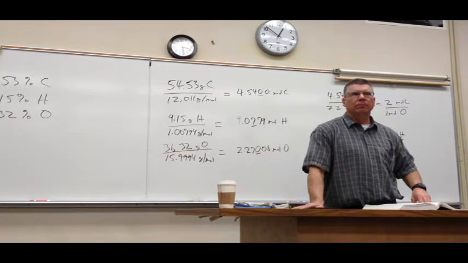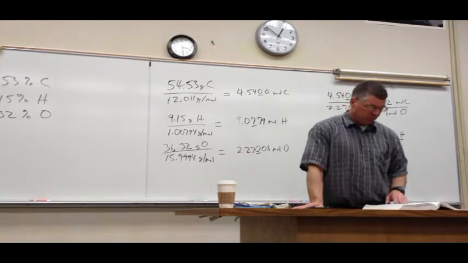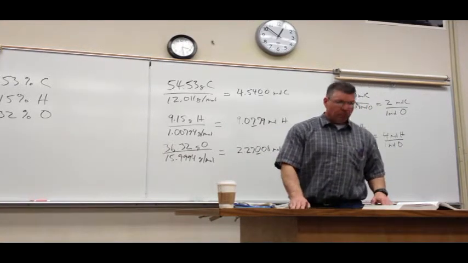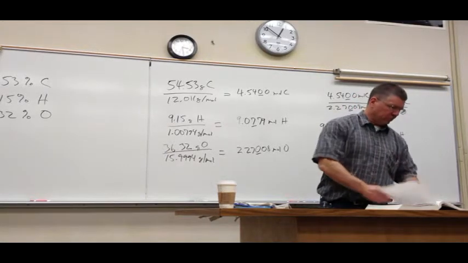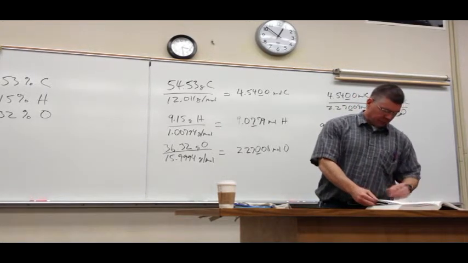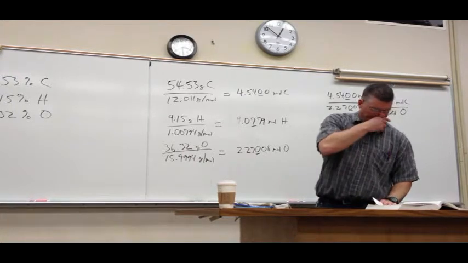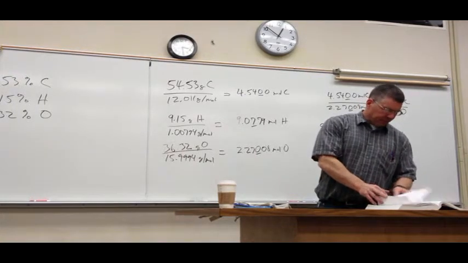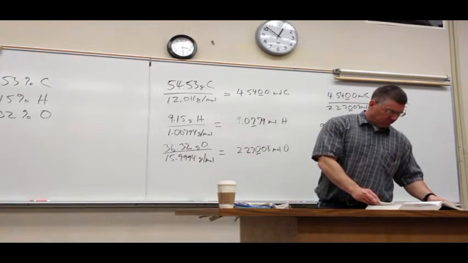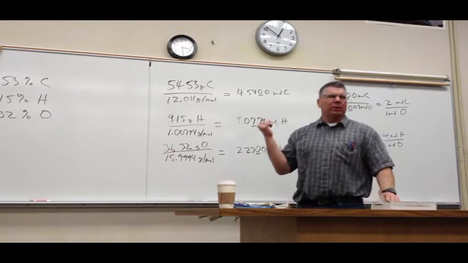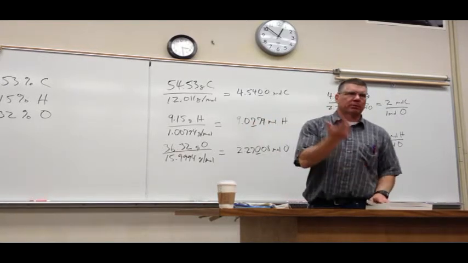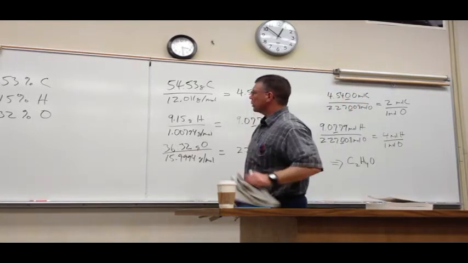An example finding the limiting reactant. It's on 245, the table. Page 245. Either that or 246, same thing though. I think I put one on the board that was a little bit different, but they all work.